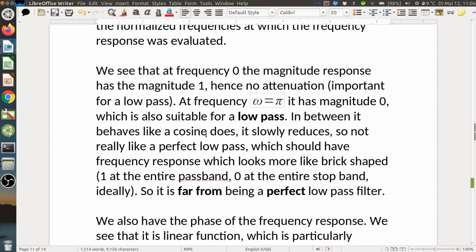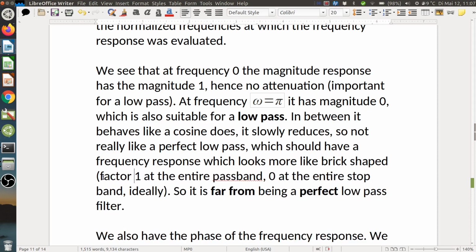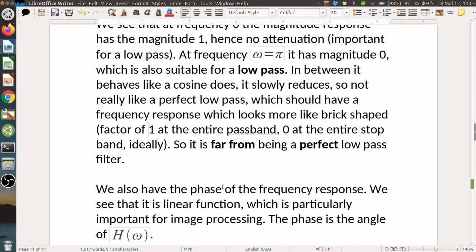In between, it behaves basically like a cosine function does. It slowly reduces, so not really like a perfect low pass, which should have a frequency response which looks more like brick-shaped, which means we have a factor of 1 at the entire pass band and 0 at the entire stop band, ideally. So it is far from being a perfect low pass filter.